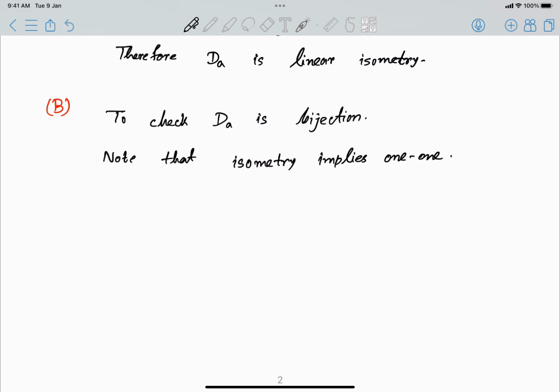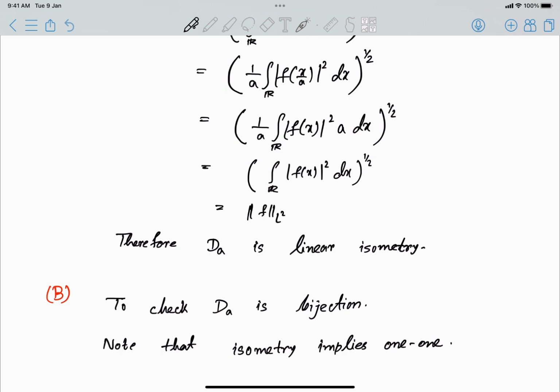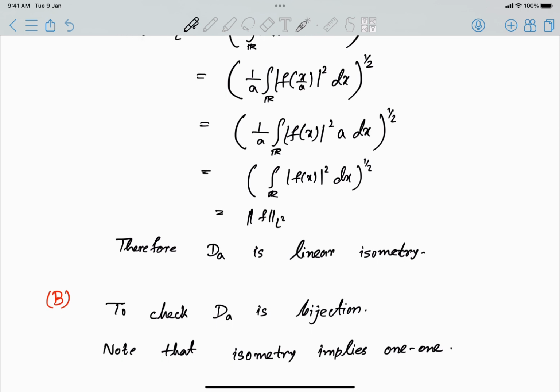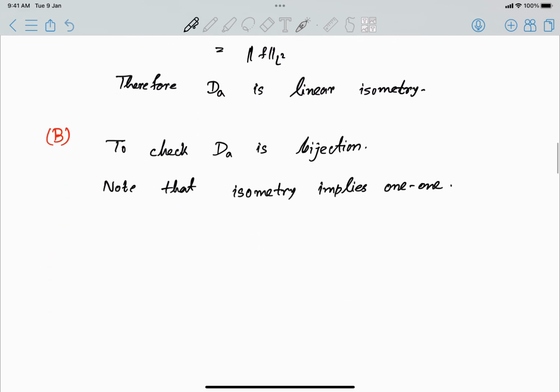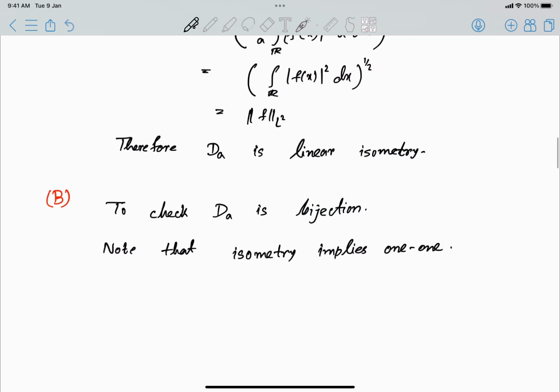One-one means you just have to check that the kernel is the zero function. So as it is an isometry, you have to check that the operator's kernel is 0, and dA of f is 0 means f should be the zero function, right? So in the kernel only the zero function is there.